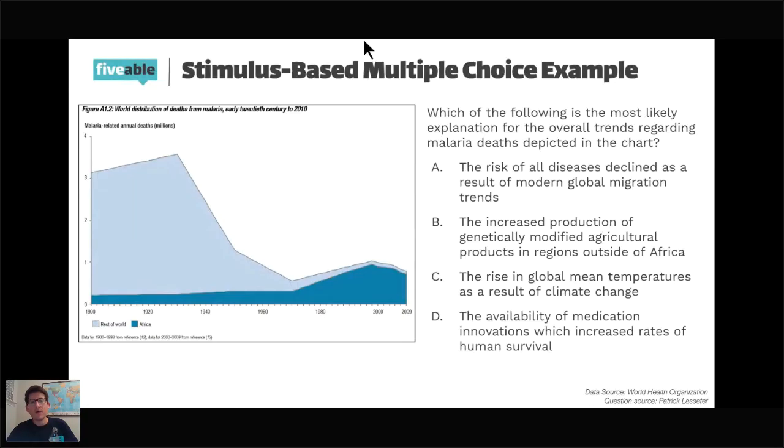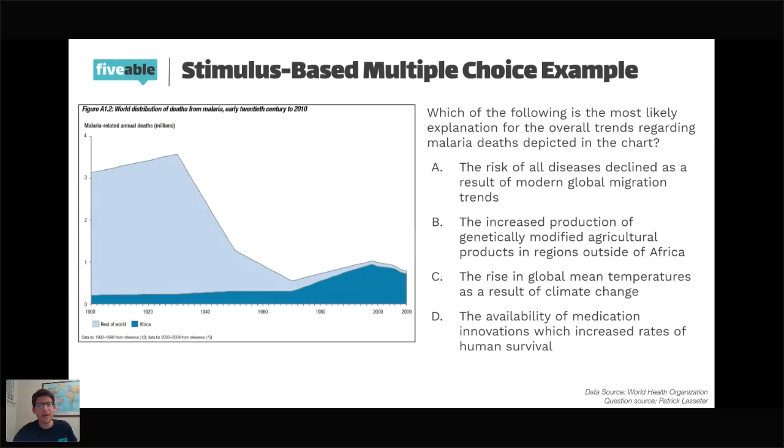A: The risk of all diseases declined as a result of modern global migration trends. All right, so does that fit with what we know about world history? B: The increased production of genetically modified agricultural products in regions outside of Africa. That probably doesn't have anything to do with malaria. C: The rise in global temperatures. Well, presumably that would decrease mosquitoes and illnesses passed on by mosquitoes.